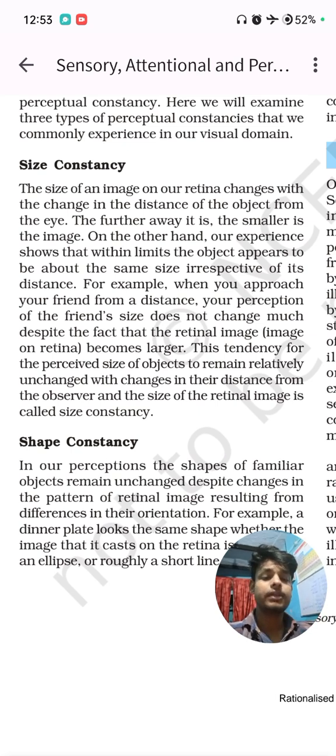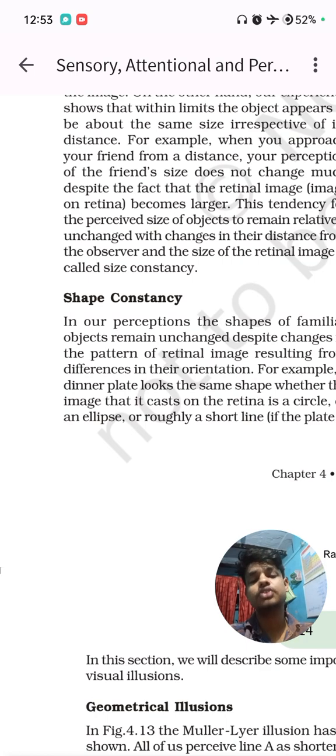For example, when you approach your friend from a distance, the perception of your friend's size does not change much, despite the fact that the image on the retina becomes larger. This tendency for the perceived size of an object to remain relatively unchanged with the change in distance from the observer and size of the retinal image is called size constancy.